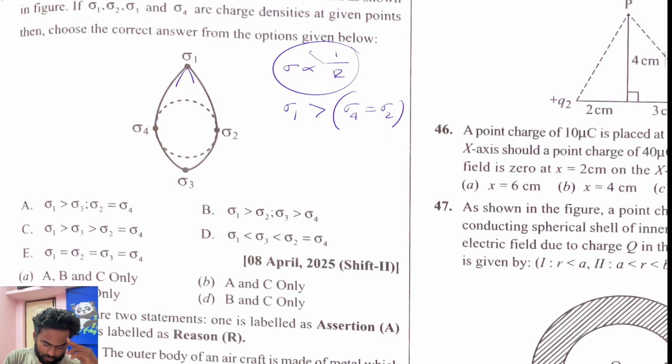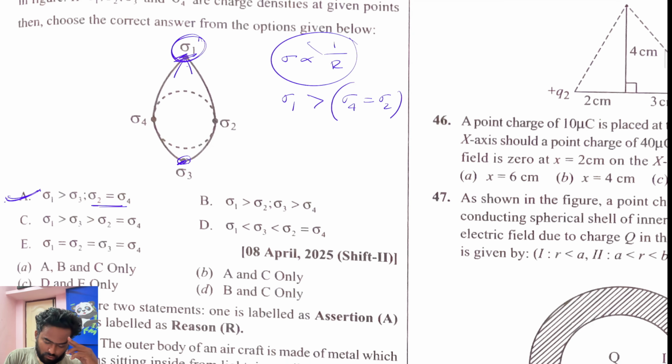Now compare sigma 1 and sigma 3. Curvature is less at 1 as compared to 3, so sigma 1 will be more than sigma 3, and sigma 2 equals sigma 4. Okay, option B, sigma 1 greater than sigma 2, that is correct, perfect. Sigma 3 is greater than sigma 4.